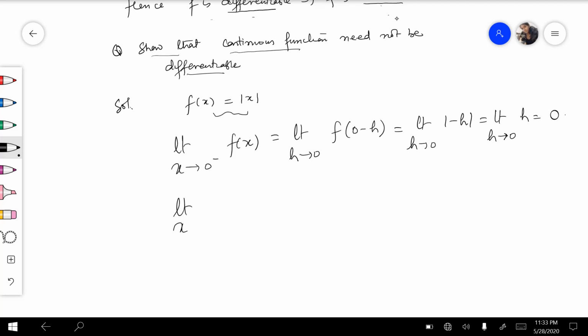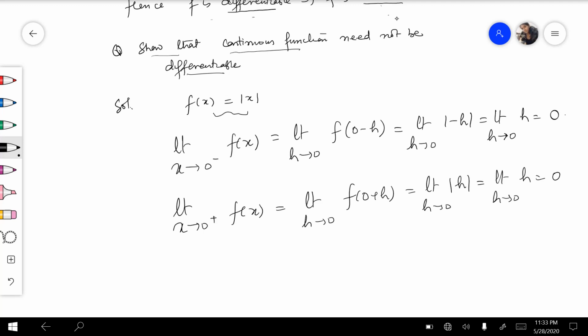Similarly, limit x goes to 0 plus of f(x) will be equal to limit h goes to 0 of f(0 plus h), which is equal to limit h goes to 0 of mod of h, which is equal to limit h goes to 0 of h equals 0. And f(0) is equal to mod of 0 equals 0.